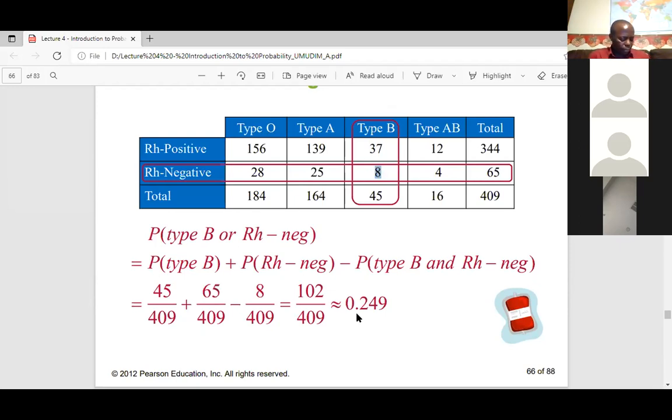45 over 409 plus 65 over 409 minus 8 over 409. So let's put it in the calculator and we'll get the answer.